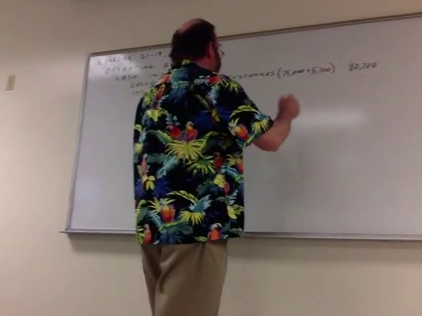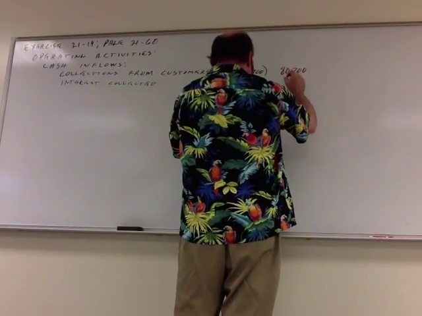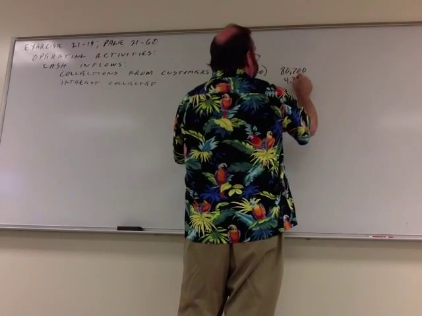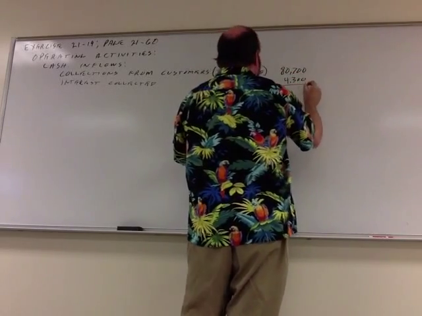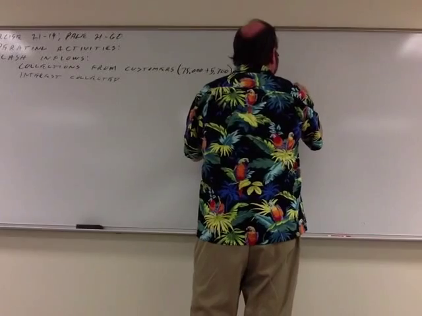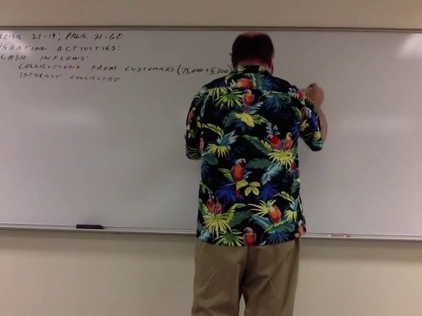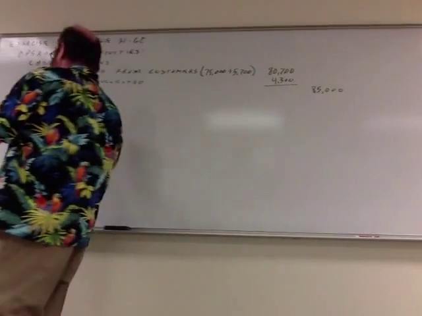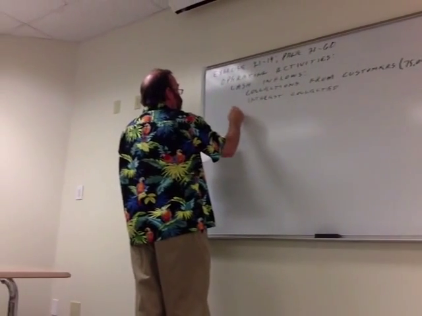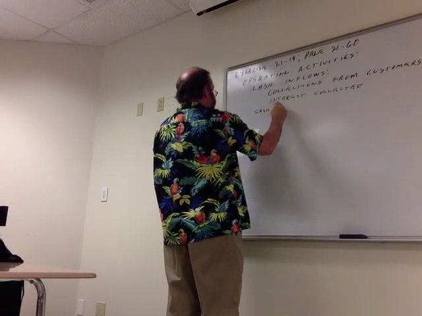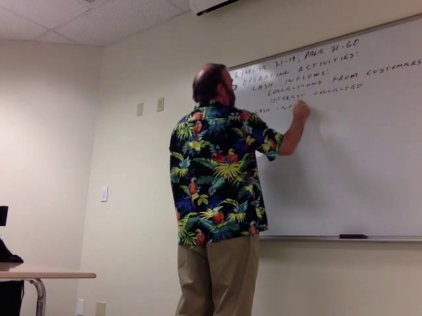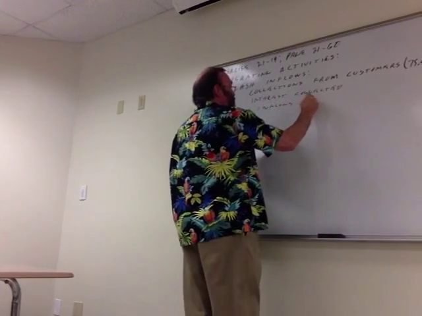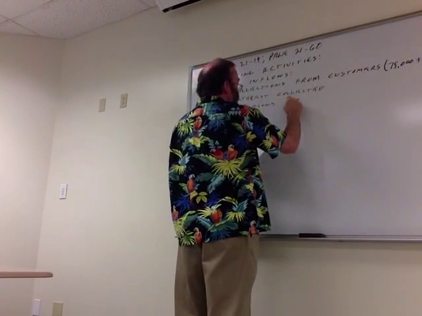So interest collected is just the straight up 4,300, exactly what's on the account. So that's a total of 85,000 cash inflows from operating activities.